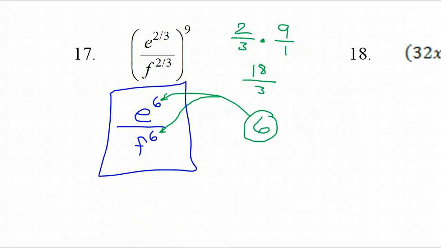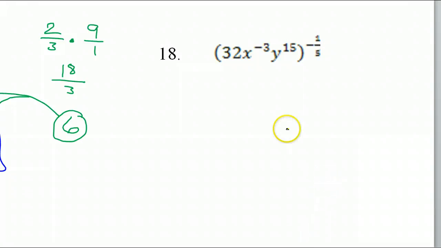Alright, number 18. Okay, anything I can do in here? Not really. So I'm going to go ahead and do this negative 1/5 power to everything. So look, for a brief moment, I'm going to have 32 to the negative 1/5 power. Okay, I'm just going to leave it like that for a second.